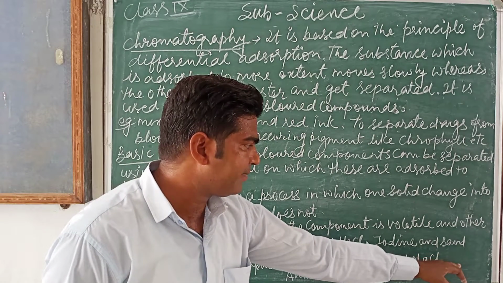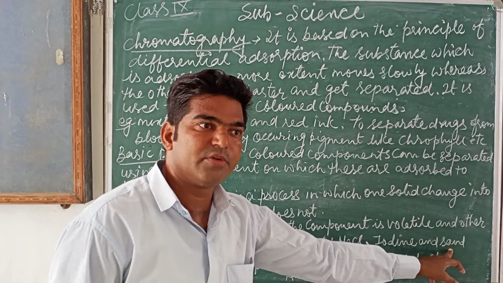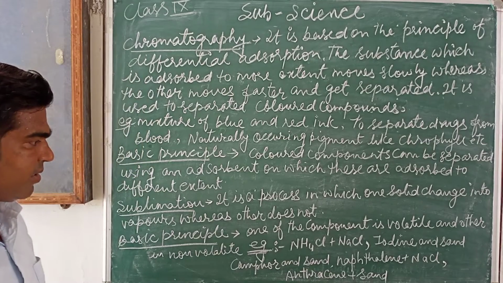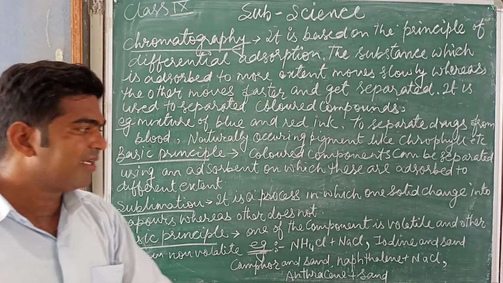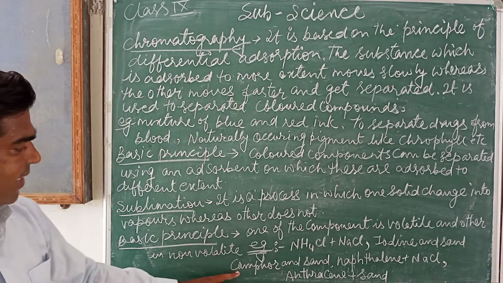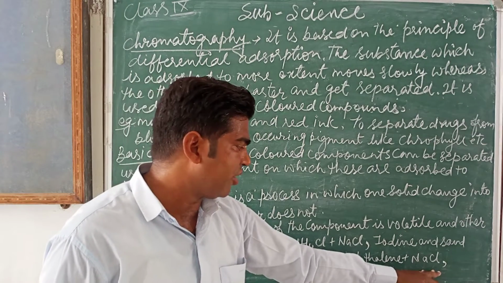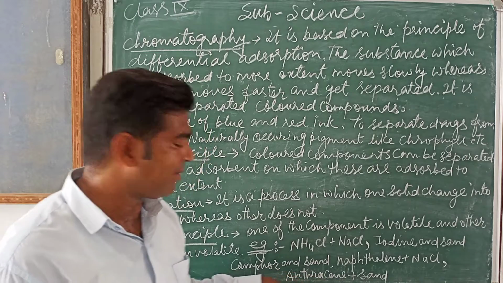Iodine from sand: sand cannot change into vapor, but iodine can change on heating, directly from solid to the gaseous state without undergoing a liquid state. Then kapoor and sand, naphthalene plus sodium chloride, and anthracene plus sand. These are the examples.